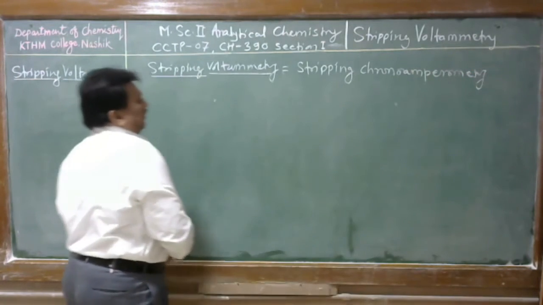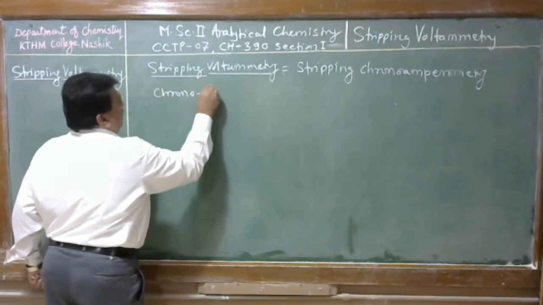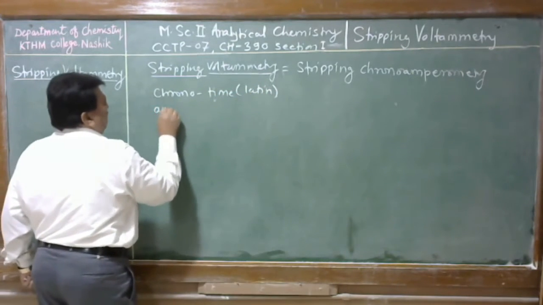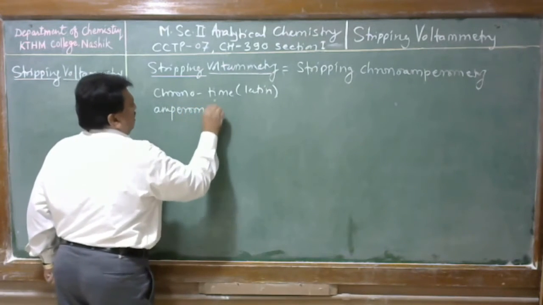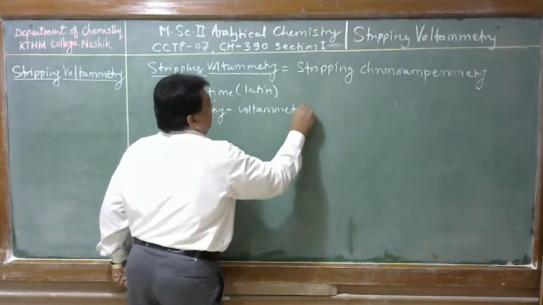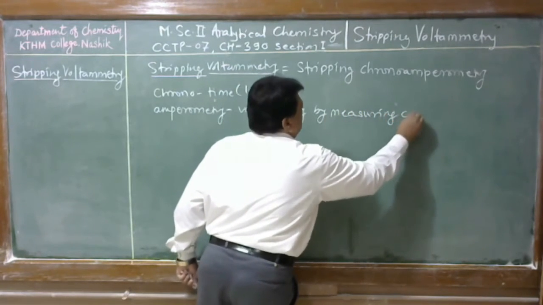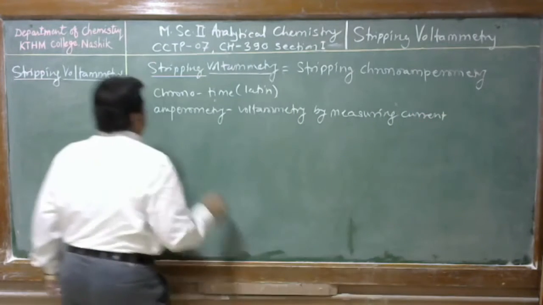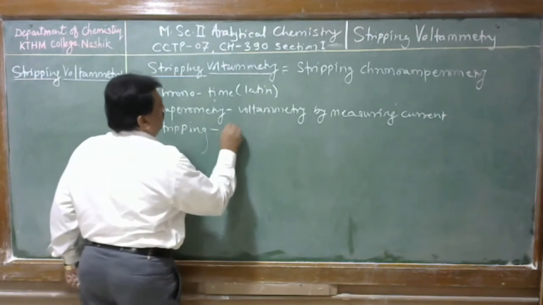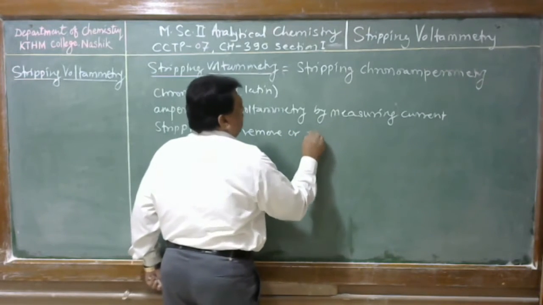In this technique, chrono means time, a Greek word, and amperometry means voltammetry by measuring current, and stripping means to remove or redissolve.